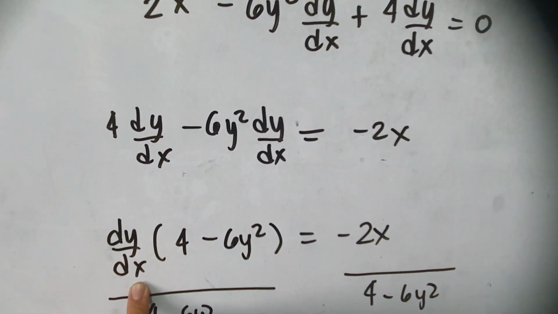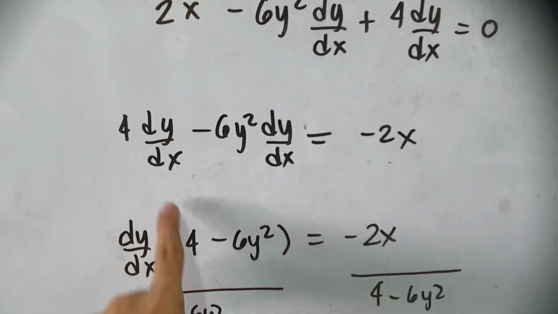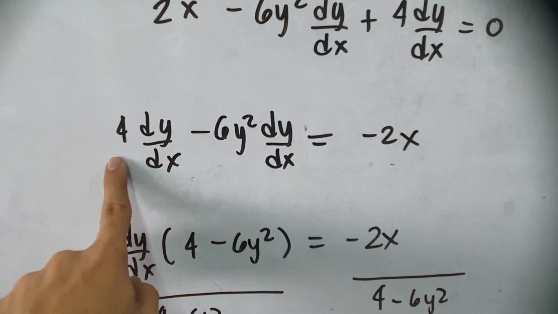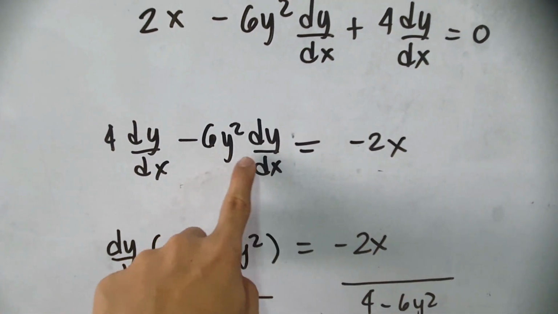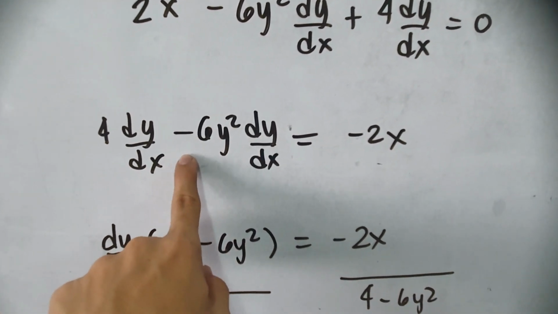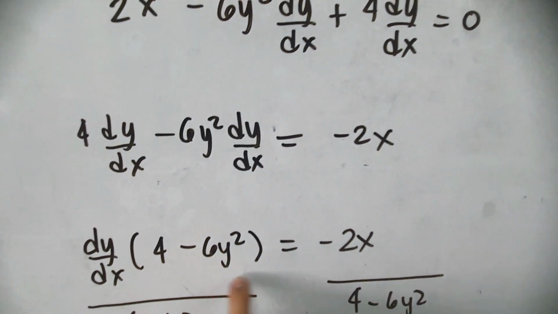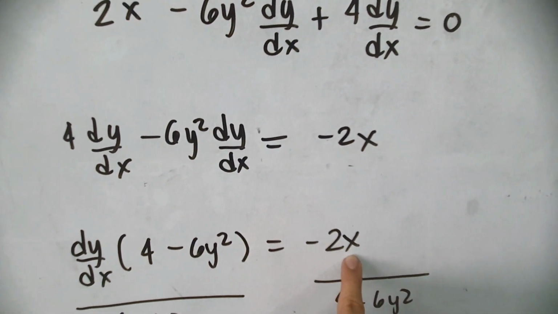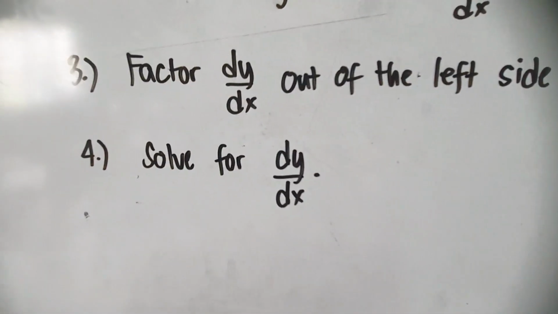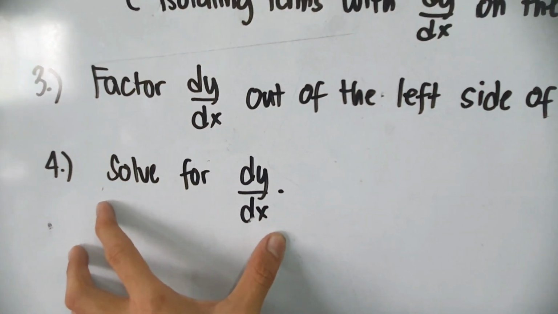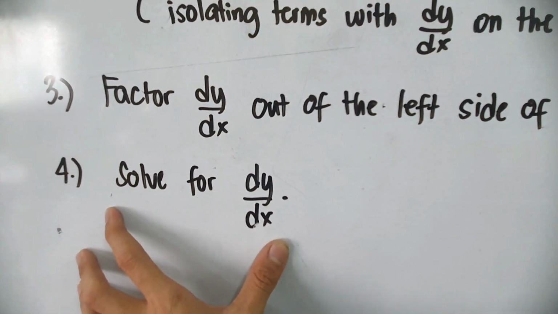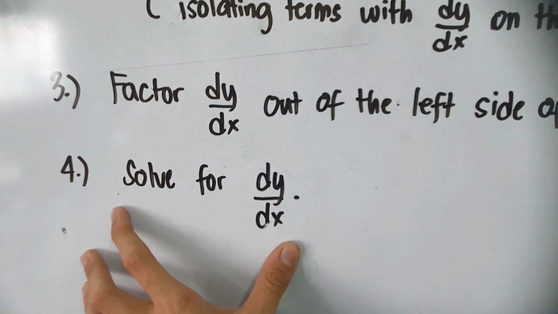I now have dy over dx right here. Factoring dy over dx in this term, what's left? 4. Factoring dy over dx in this term, what's left? Negative 6y squared is still equals to negative 2x. What's next? Solve for dy over dx. So I'm going to isolate, and I'm going to remain dy over dx on the left side of the equation.